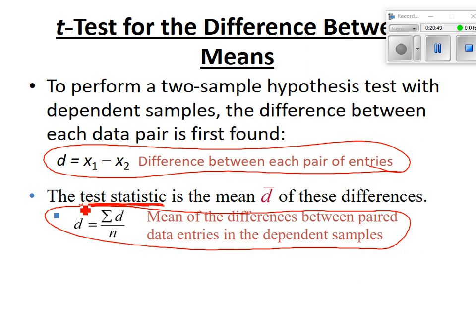This is what's going to go on top of the fraction. This is called D bar. D bar is just like X bar. It's the mean of all the differences. So you add up all the differences and divide by how many of them there are.